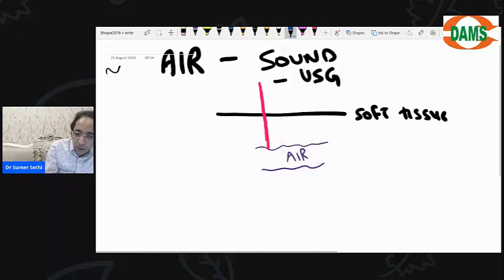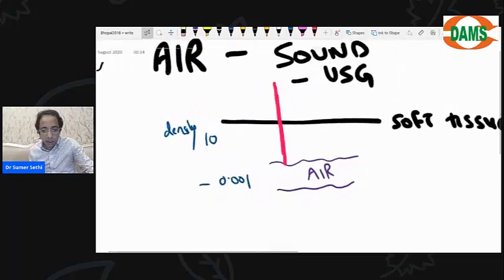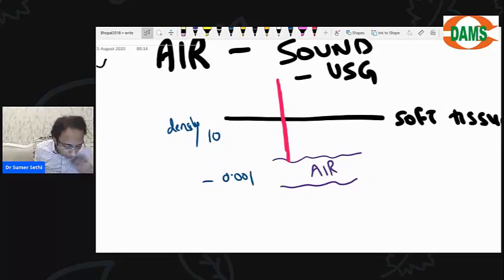Suppose soft tissue had a density of 10, I'm just giving an example. Air will have a density of 0.001. So do you agree air will have density much less than the soft tissue in our body?